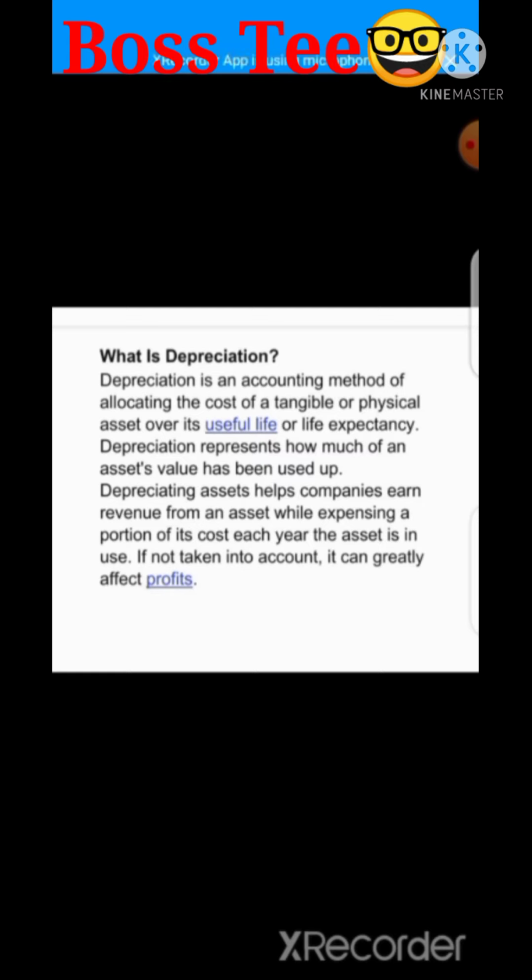What am I saying here? For example, an asset was purchased for 50,000 yuans. Then we say its life expectancy is 5 years. Then its depreciation for every year is 10,000.